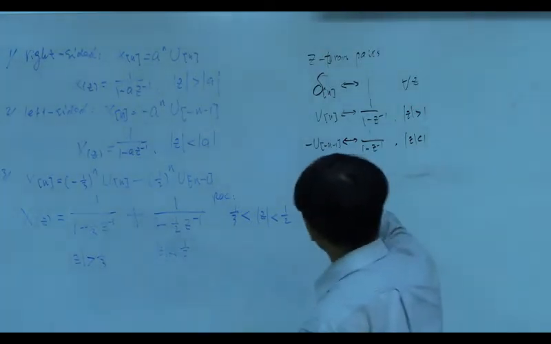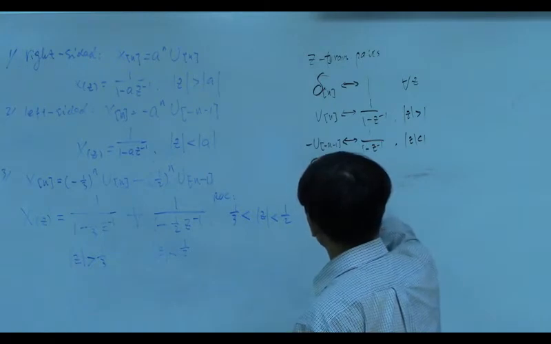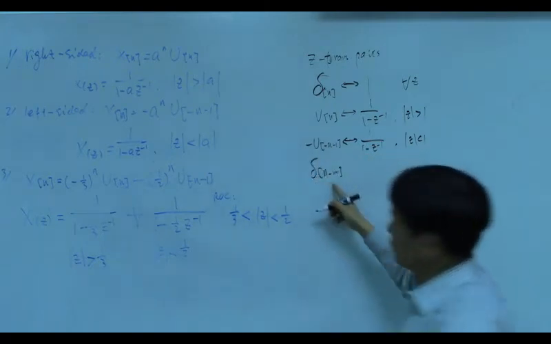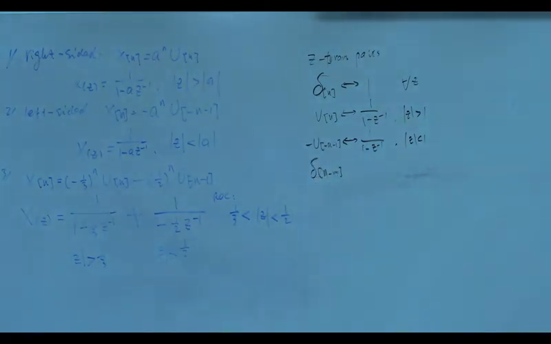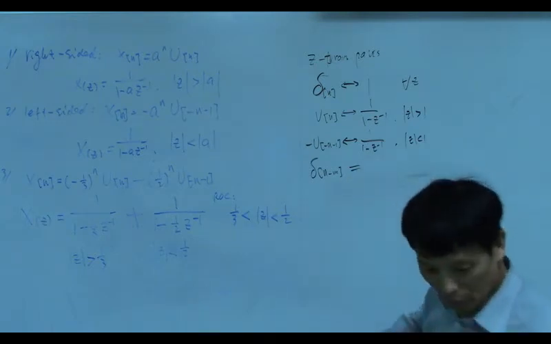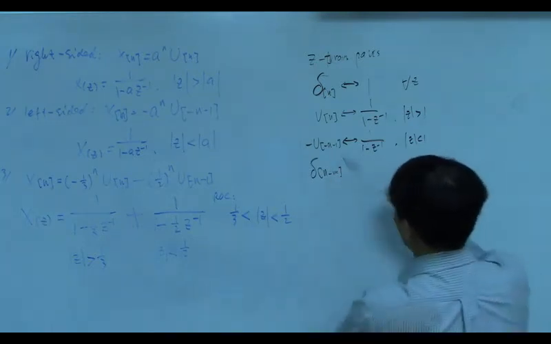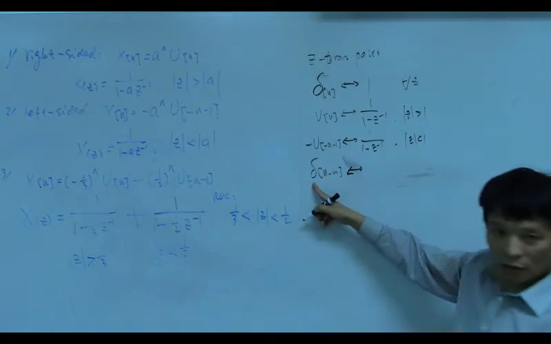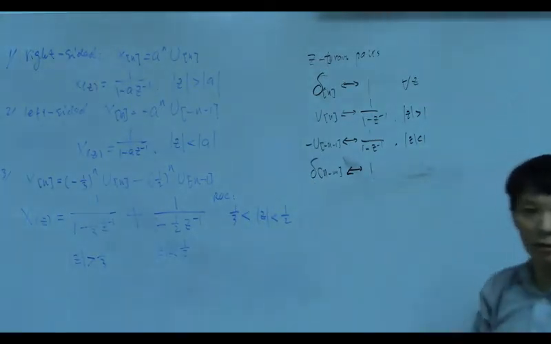Now, the next one is delta[n minus m], an impulse function delayed by m time. What is this? If you recall the Laplace transform, that will still equal this thing. The z transform of the delta function is 1.